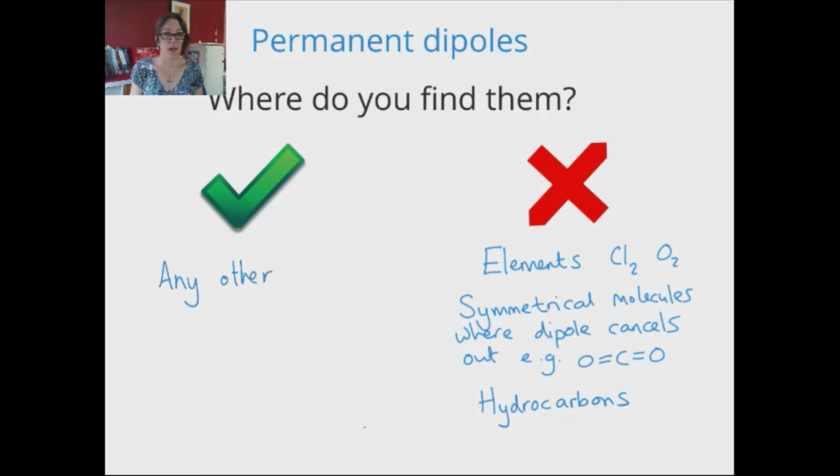So actually, when it comes to deciding what does have permanent dipoles, it's basically any other compound. So if it contains a C-O or a carbon halogen bond, if it contains nitrogen attached to a carbon, and of course if it contains any of those electronegative elements attached to hydrogen, then it contains permanent dipoles too.